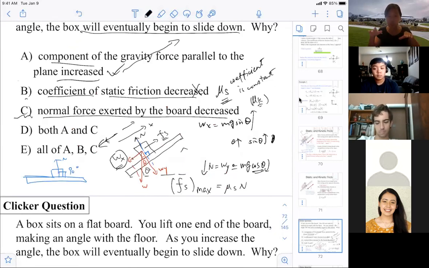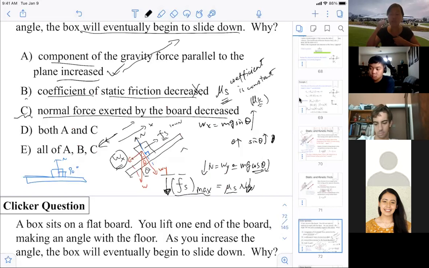So your surface can provide a certain amount of maximum static friction. The maximum amount is this fixed constant times normal force. So if normal force is decreasing, the maximum amount of static friction your surface can provide is also decreasing. So let's say originally you can provide 100 newtons.